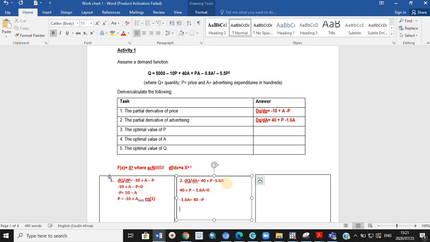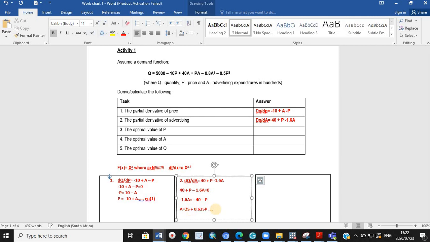If we divide all the expression by the same denominator, a should be equal to 25, plus, so sorry, this is supposed to be minus, 25 plus 0.625 p.